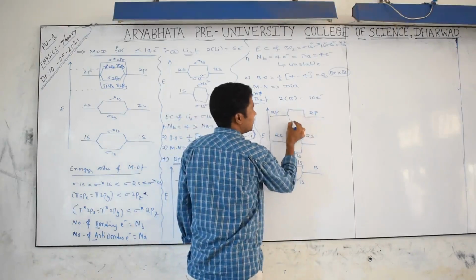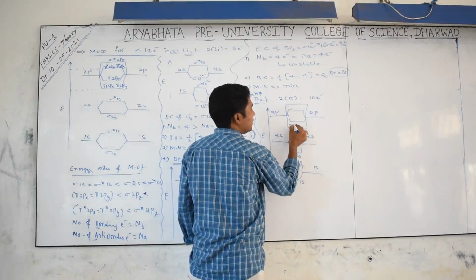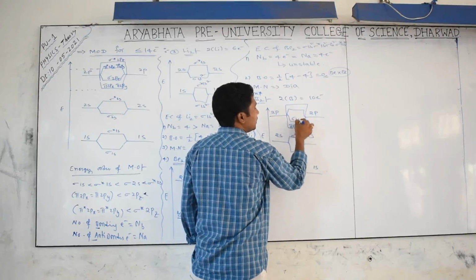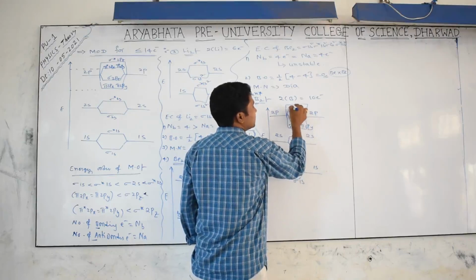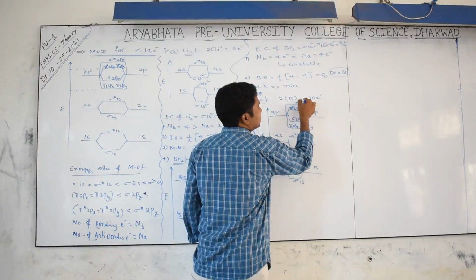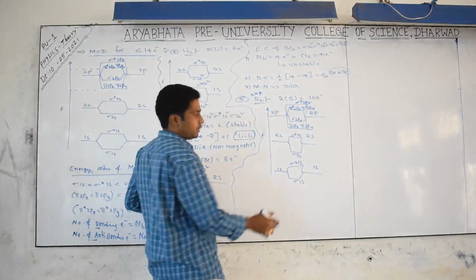What is happening here is like this: pi 2px, pi 2py, sigma 2pz, pi star 2px, pi star 2py and sigma star 2pz. How many electrons are in your hand? 10 will be there.